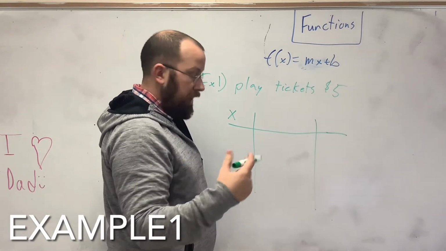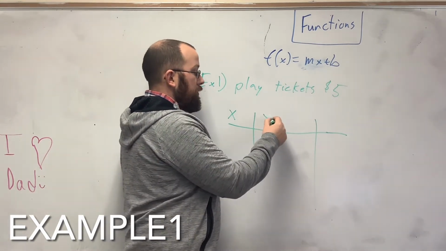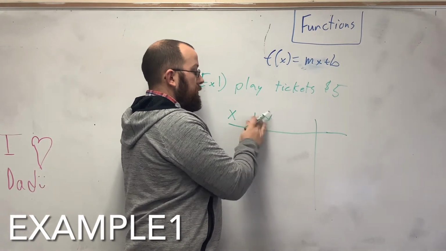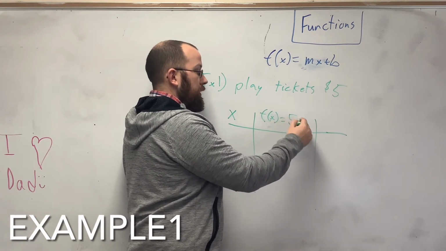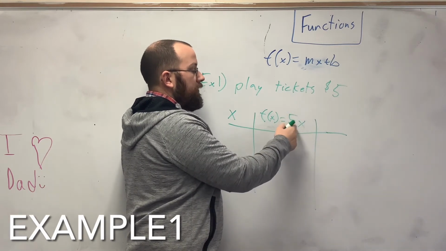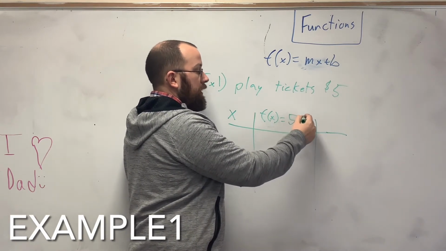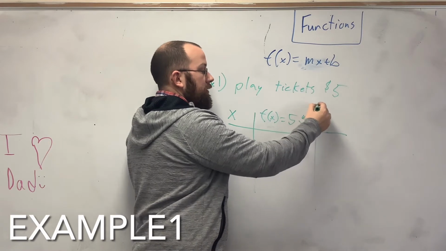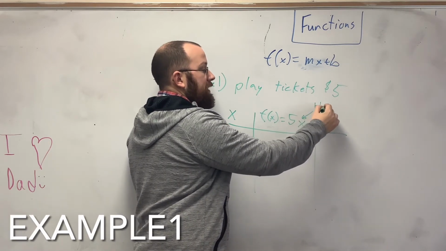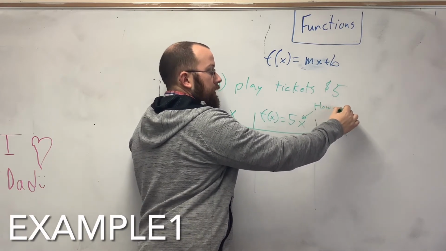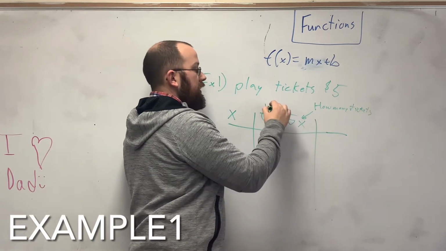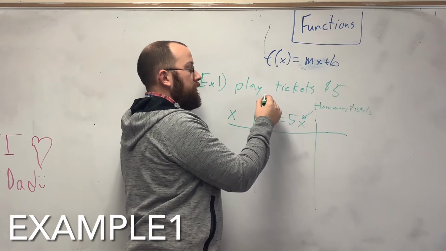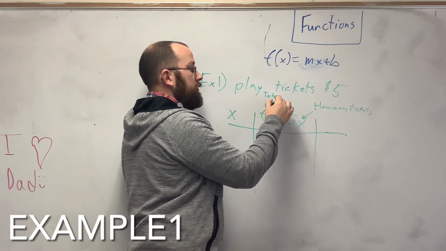So our function here, or our equation that we're plugging it into, is, I'm going to plug it in this way, just because it looks better. So the 5 here is the amount of money. The x is how many tickets, and this is going to end up being the total cost.